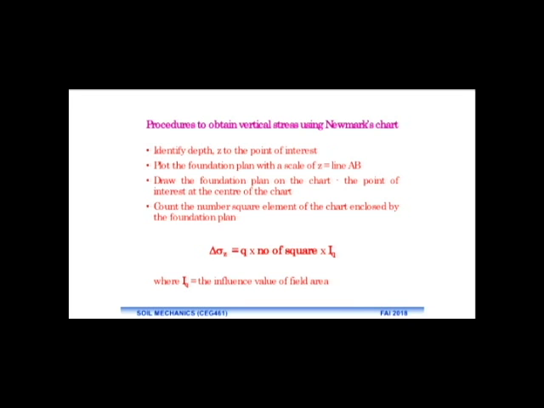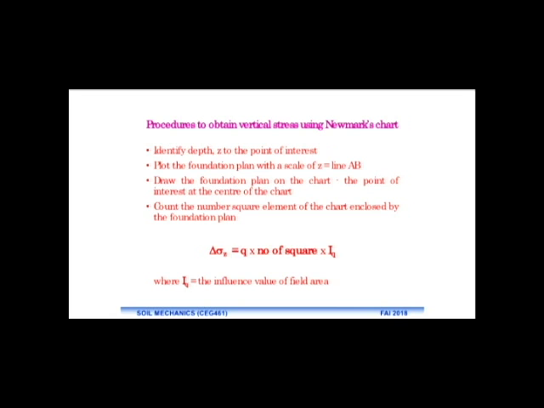The chart is normally just the size of A4 paper, so you have to scale down your foundation size, which is normally in meters, to centimeters. To do that, you use a scale which comes from your Z depth and the line AB found in your Newmark chart.